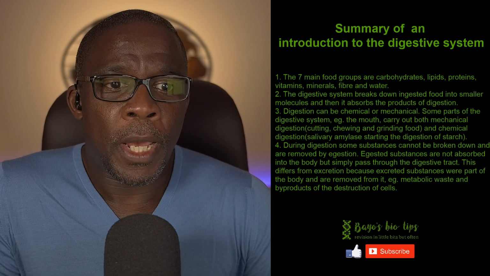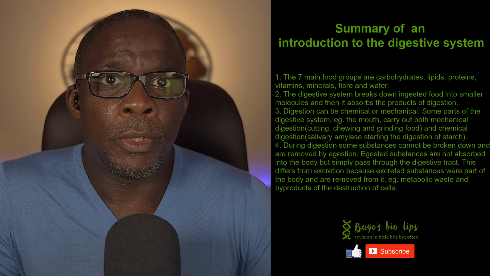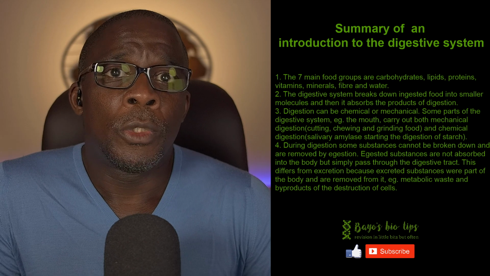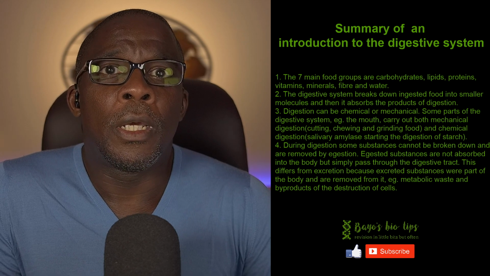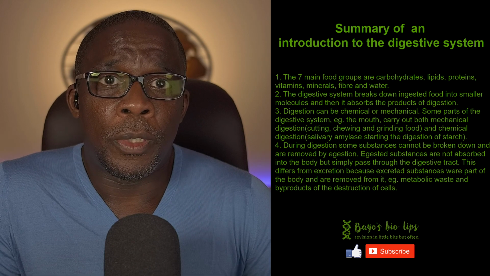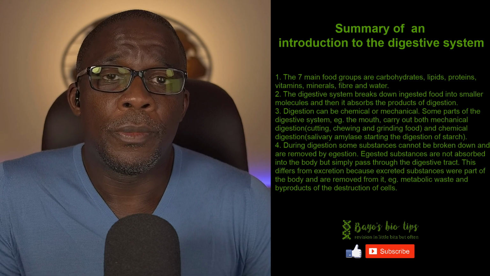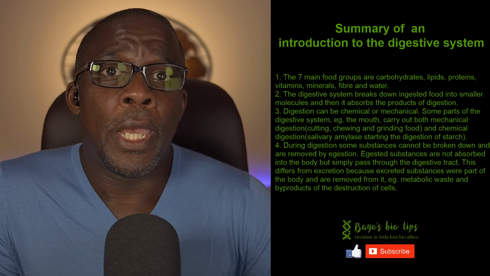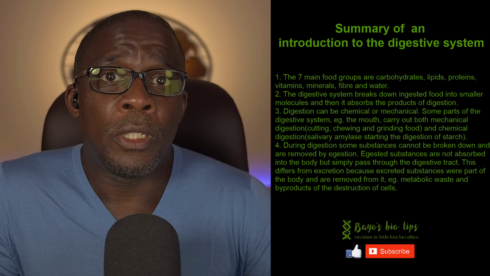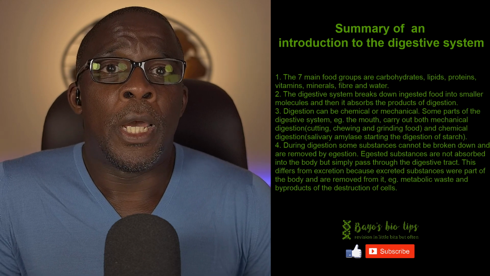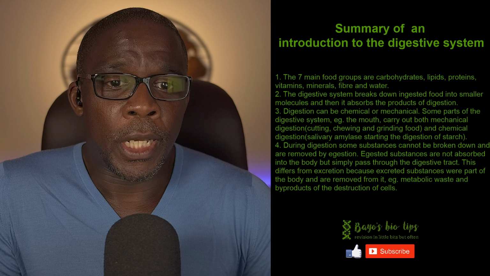Next, we talked about the different types of digestion, chemical and mechanical. Mechanical digestion, cutting, chopping, and grinding up food, makes it easier to swallow and easier to pass through the digestive system, and it also increases the surface area for enzymes to work on, basically to speed up the action of enzymes on the food as it's being digested.